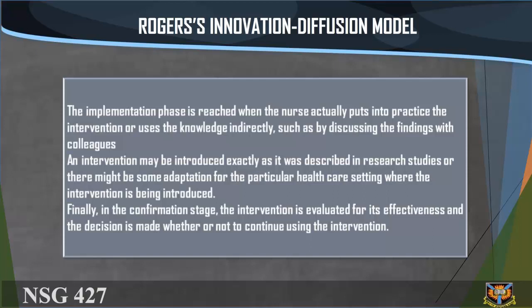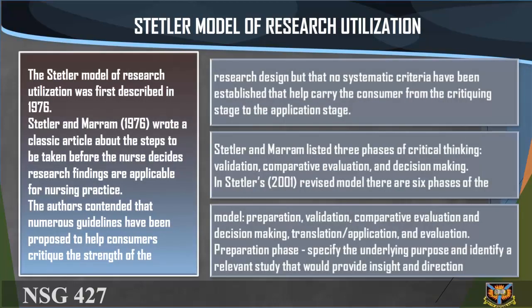An intervention may be introduced exactly as it was described in research studies, or there might be some adaptation for the particular health care setting where the intervention is being introduced. Finally, in the confirmation stage, the intervention is evaluated for its effectiveness and the decision is made whether or not to continue using the intervention.